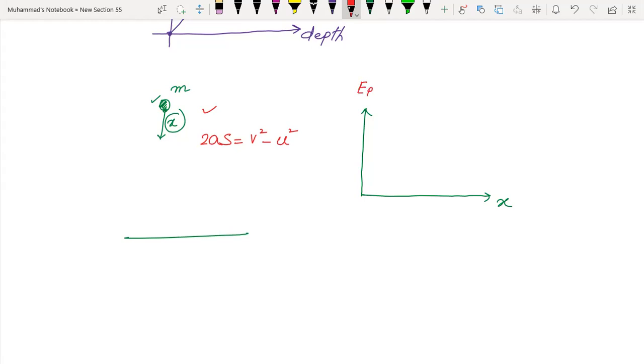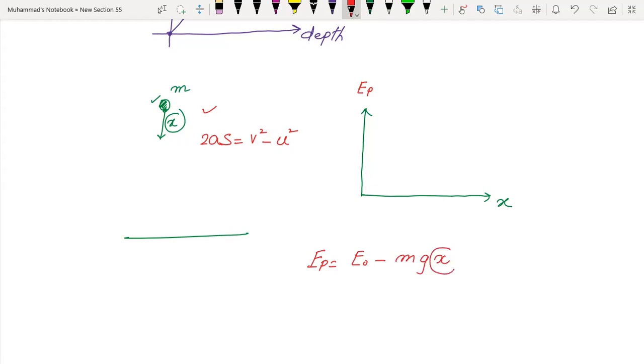So what do you expect, how does the potential energy change? So let's see, this potential energy would change like this. Initially, potential energy is maximum. Let's say this is E naught minus mgx.